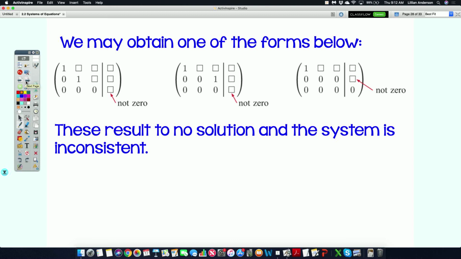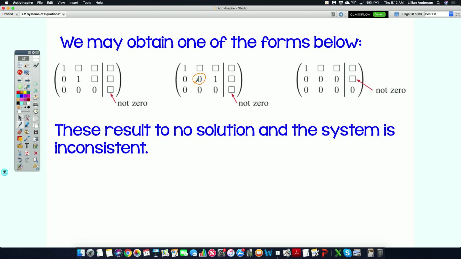Of course, you can have no solution to infinitely many solutions in a 3x3. No solution would be zeros all the way across the bottom with the ones in the diagonal and a non-zero in that one spot, as you can see in the first picture, or a 0 in the second spot and a non-zero there, or zeros all along the bottom and zeros on the left side of that vertical bar and a non-zero there, as you can see.